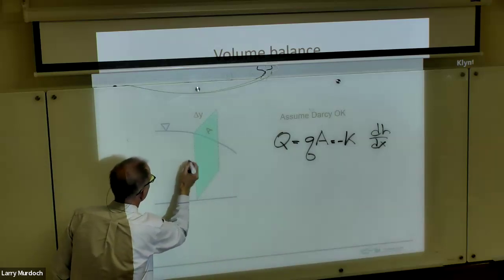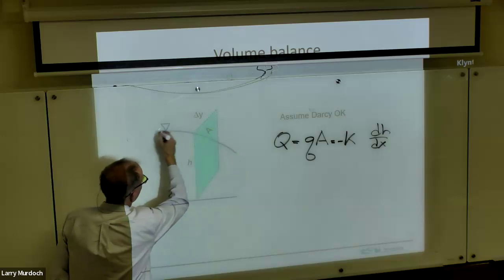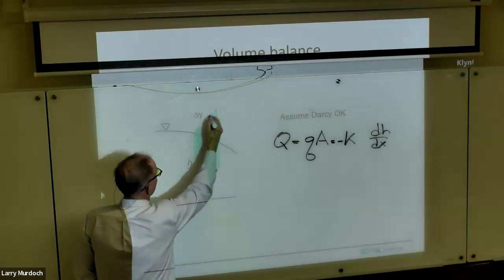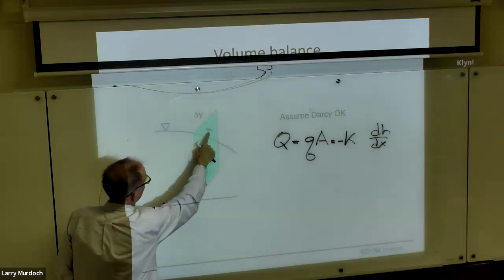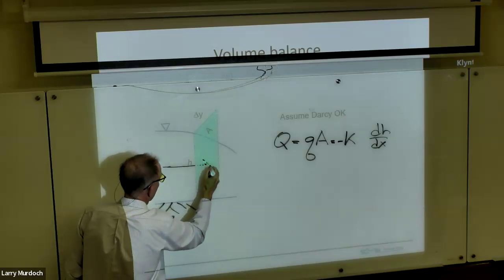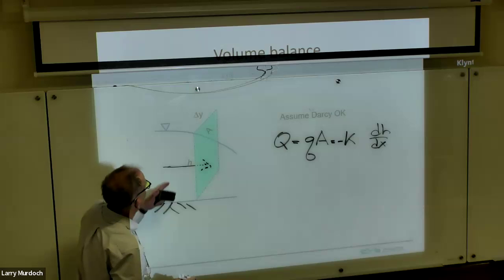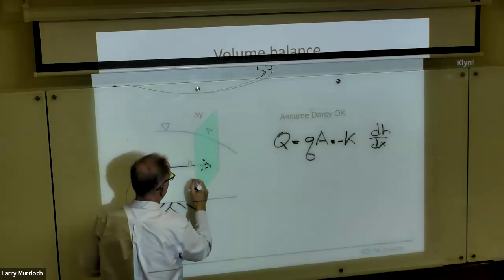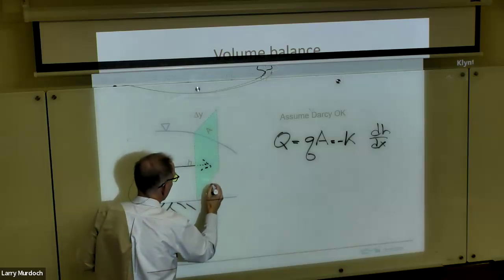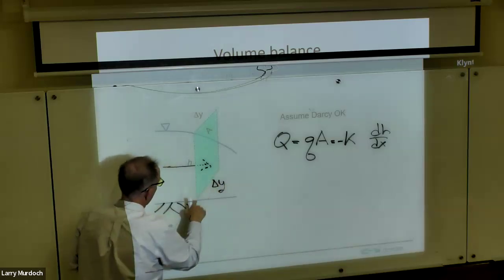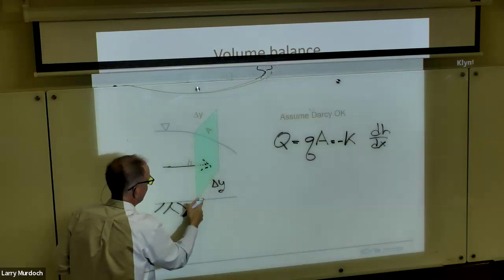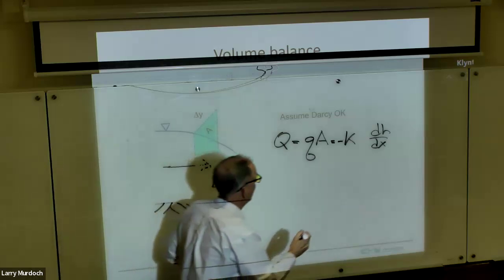here's the water table. Here's the base of the aquifer. And this is a cross-sectional area that's perpendicular to the flow. This blue rectangle has a height equal to h and a distance in this direction of delta y.